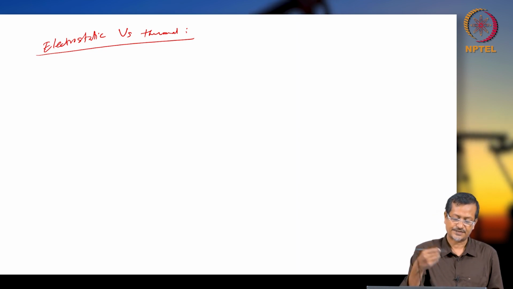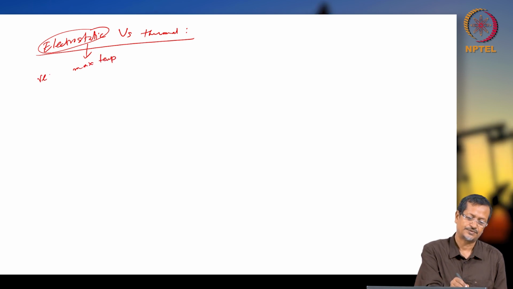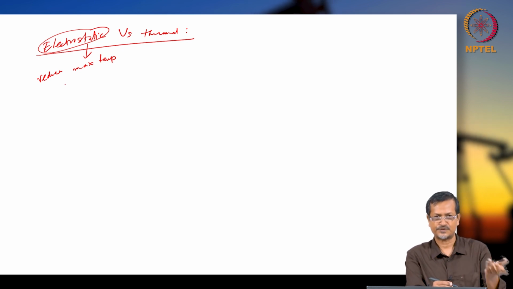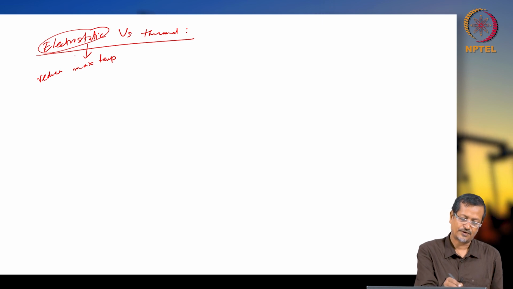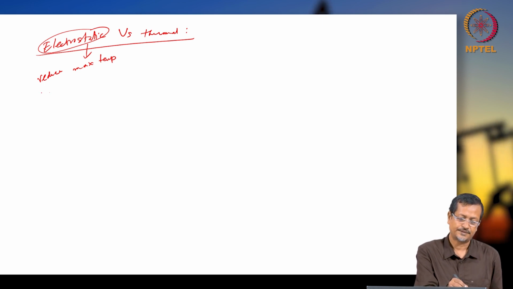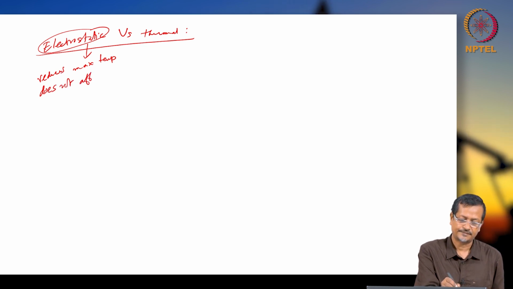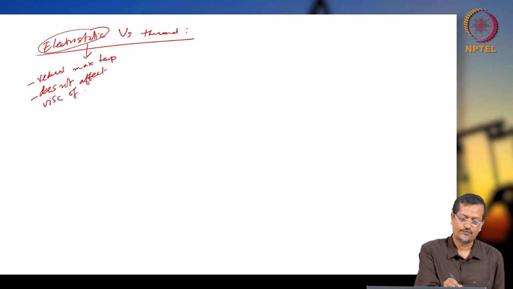So the electrostatic treater reduces maximum temperature. Okay, so when it is reducing maximum temperature, that means fuel consumption also goes down. It does not affect the viscosity of crude oil.